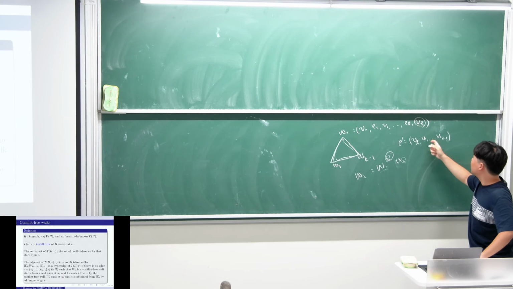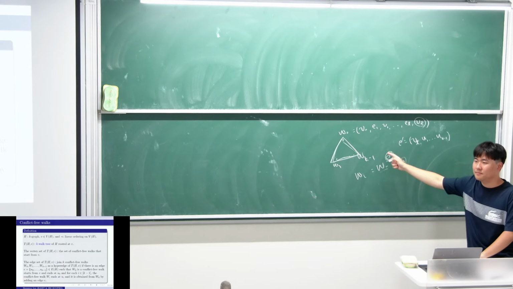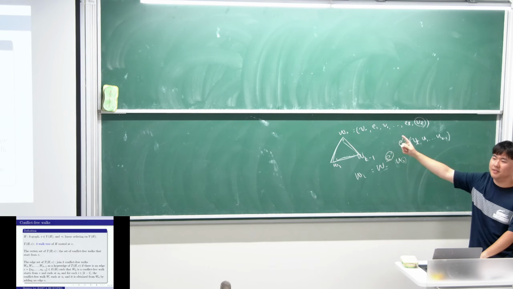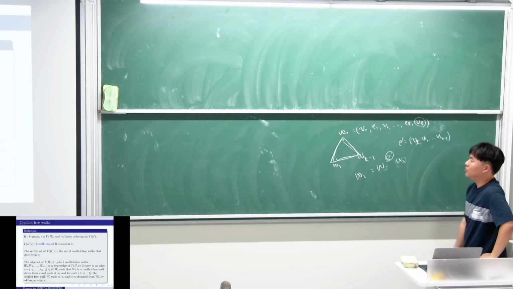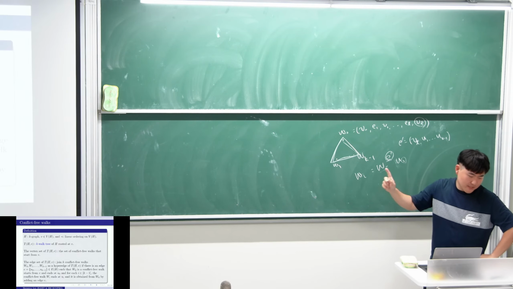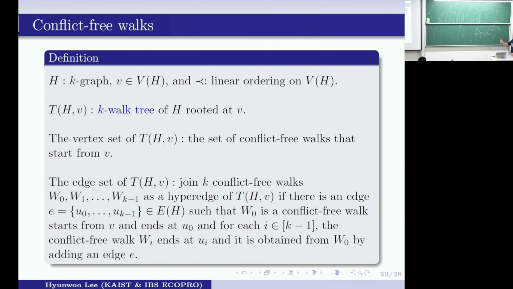The possible ways to fix the last vertex are exactly k minus 1, so we have a k-uniform hypergraph H. And it is pretty easy to show that, according to this definition, this k-walk tree is actually a hypertree.